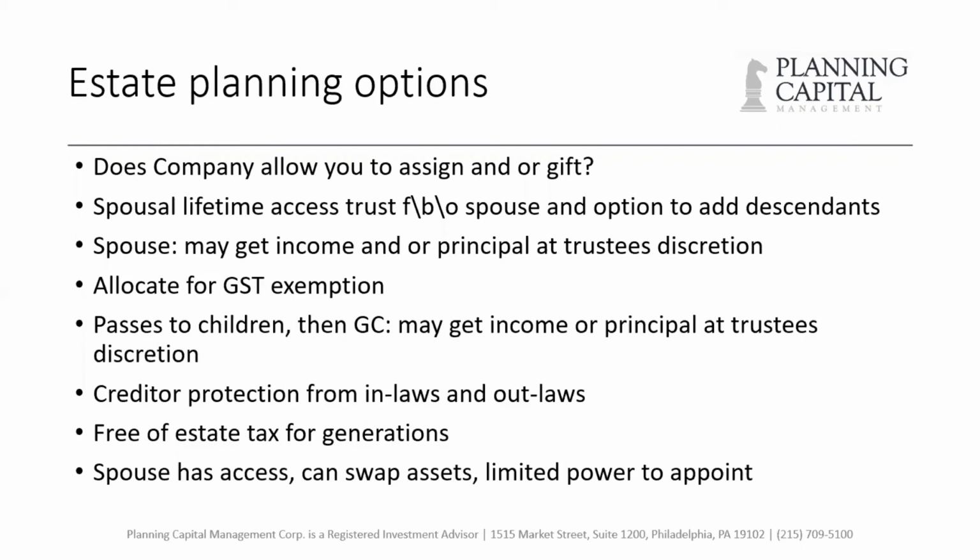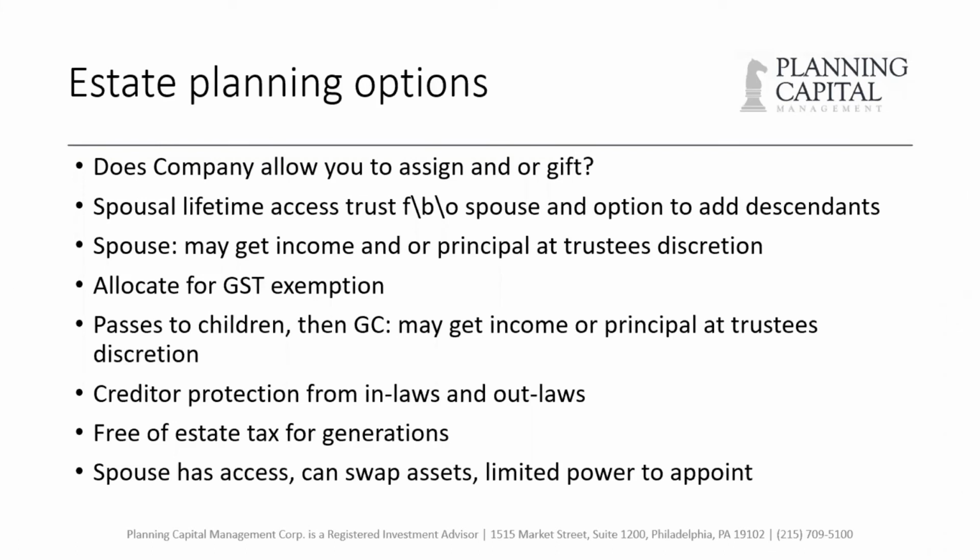If you wanted to, you could add to the Spousal Lifetime Access Trust the ability also to distribute to descendants. So if you had a child going to school or wanting to buy a house, instead of having to make a gift and utilize lifetime exemption, you can gift from the trust and not further utilize any lifetime exemption. Why? Well, because when a SLAT is formed, and using my example from before where it's a $1 million asset suppressed to $750,000 by virtue of the discount, the RSUs go into the SLAT.